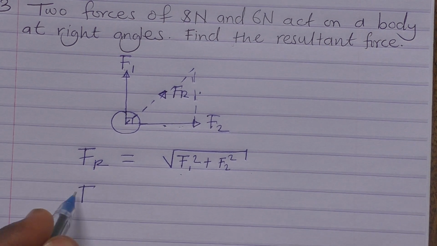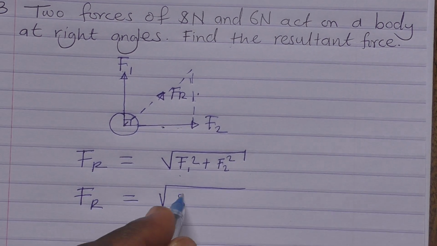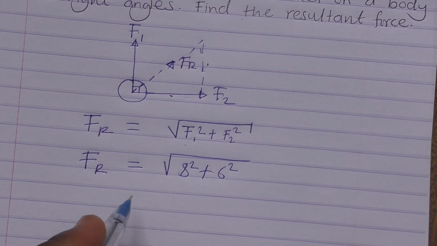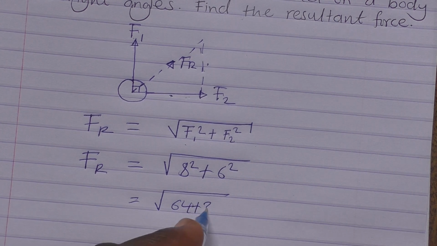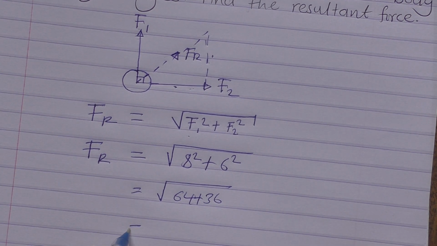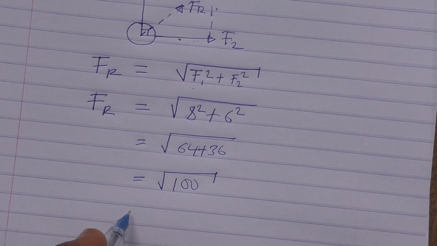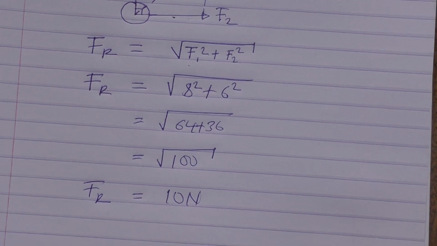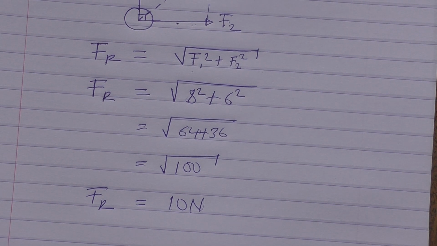And therefore, the resultant will be given by the square root of 8 squared plus 6 squared, which gives us the square root of 64 plus 36, which is the square root of 100, hence giving us 10 newtons as the resultant force. We may be interested in knowing the direction.